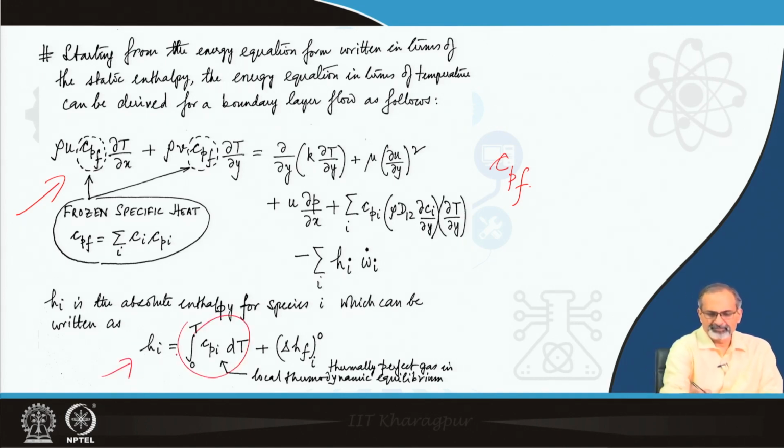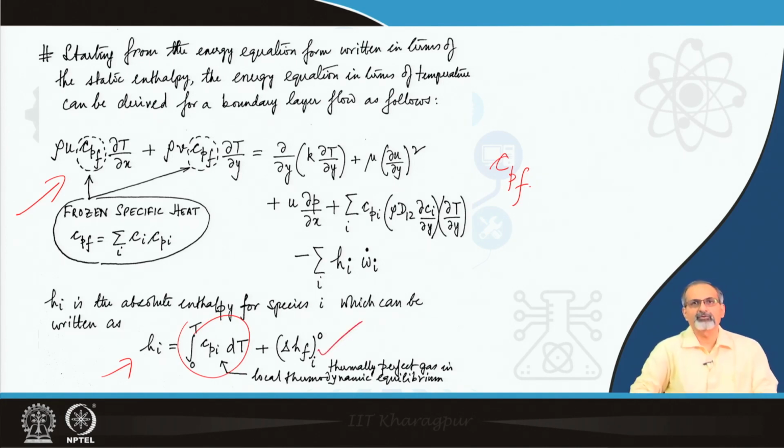The first term is being evaluated based on the fact that we consider a thermally perfect gas in local thermodynamic equilibrium. The other part of course comes from the zero point energy. So, this is basically the sensible part that you are working out based on the fact that Cpi is dependent on temperature.